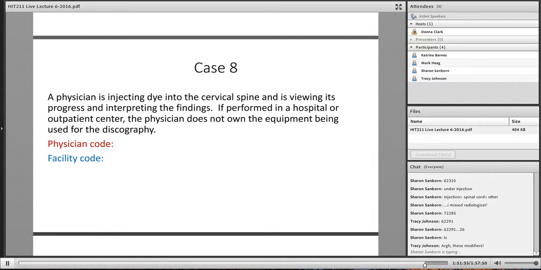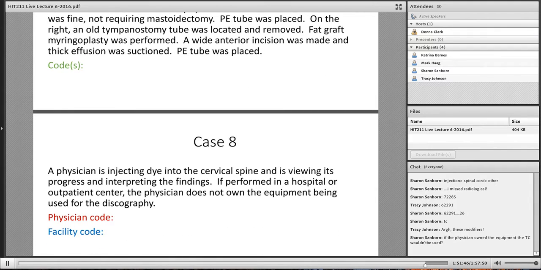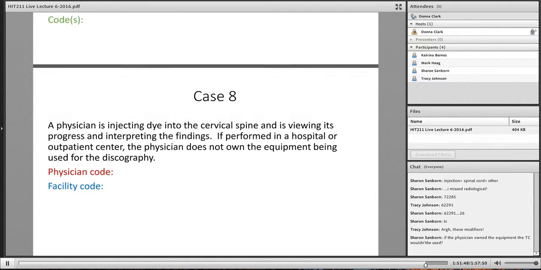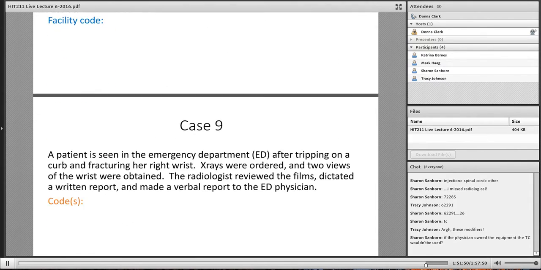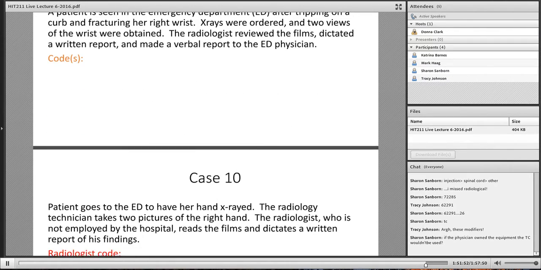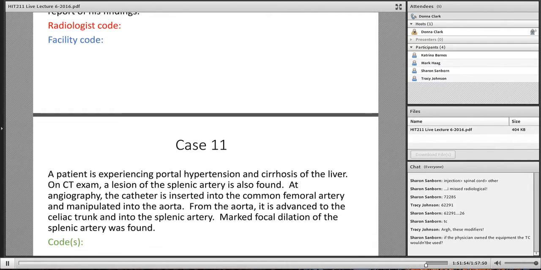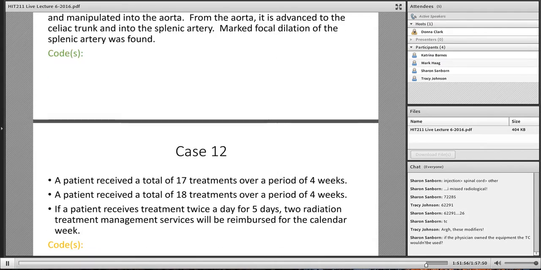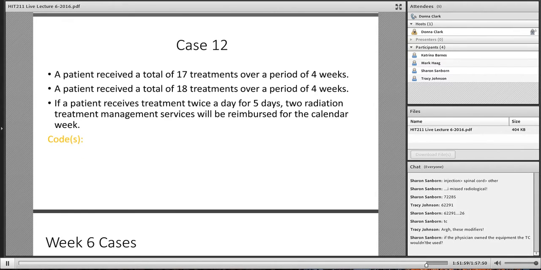All right, so we're going to wrap up there. We got a lot of them done. We did not do case 7, so you can look at that on your own, and you can send me a question on it. We didn't do cases 9 through 12. I think we're running about 6 per night, but I purposely over-assigned.